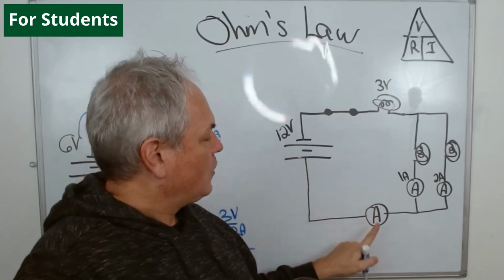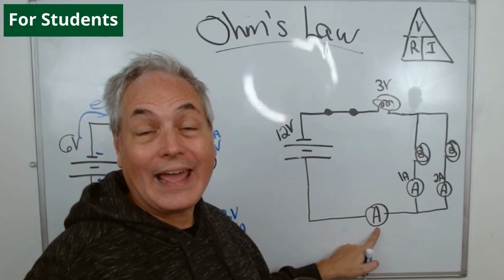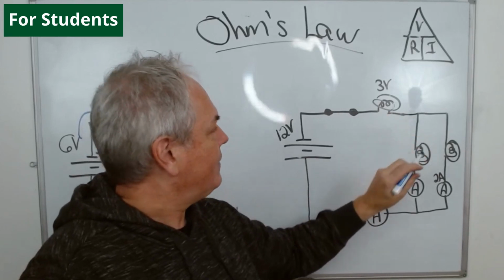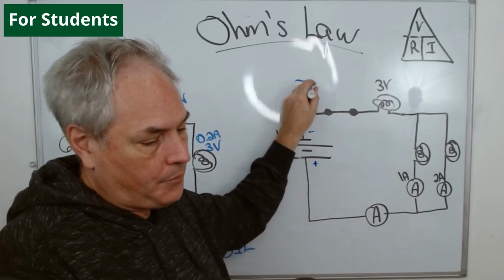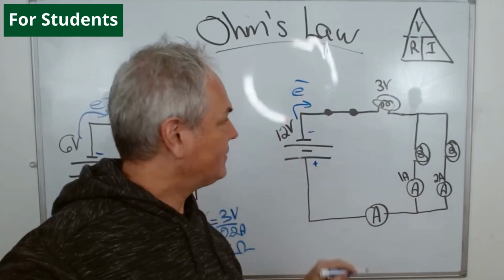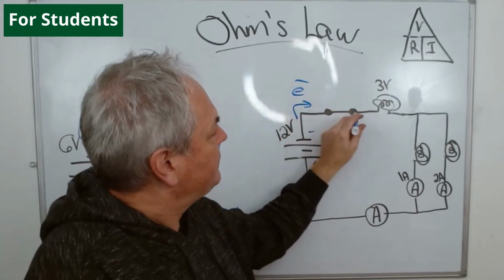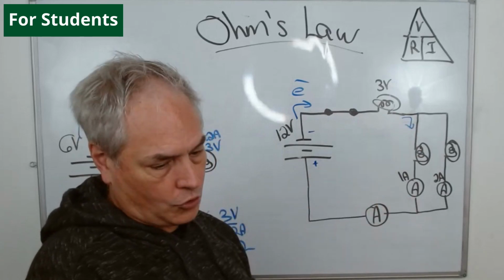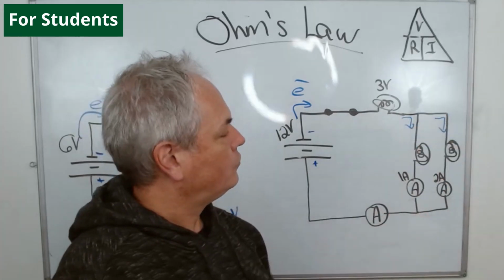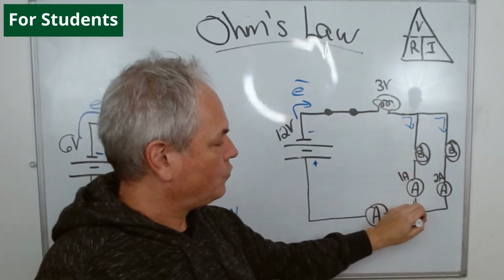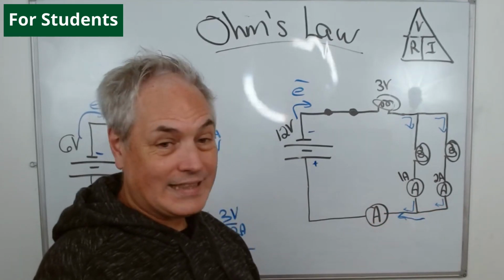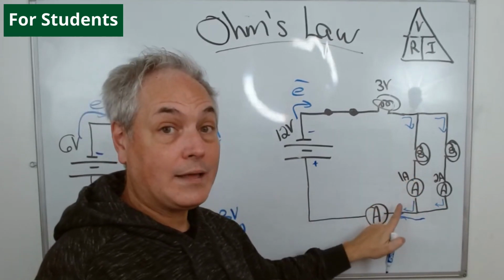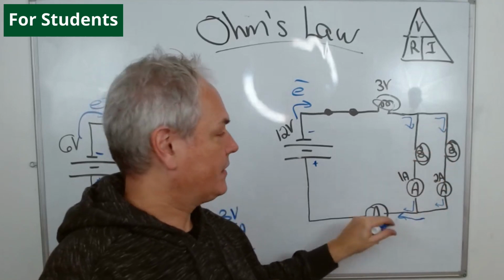First of all, I would like to know the number of amps we have. If this is negative and this is positive, we have the electrons moving like this. That means that some are going down and 2 are going this way. So when they meet again right here, that means that we have 1 amp going this way, 2 amps going that way.